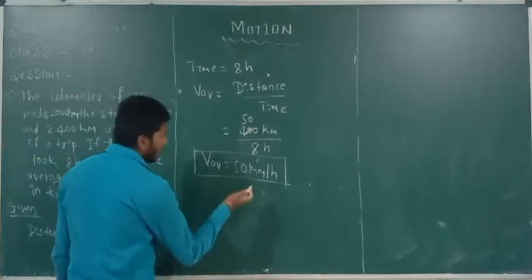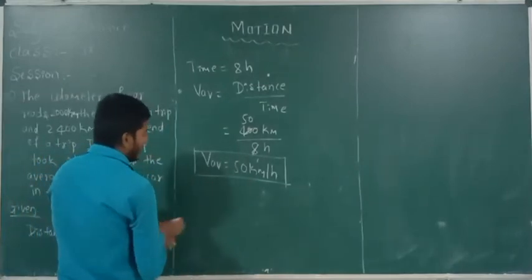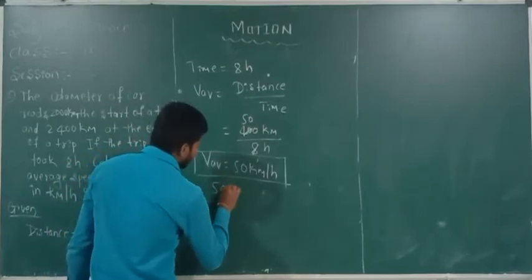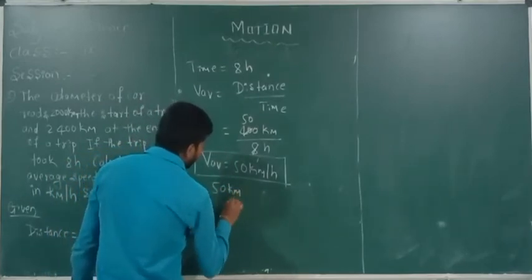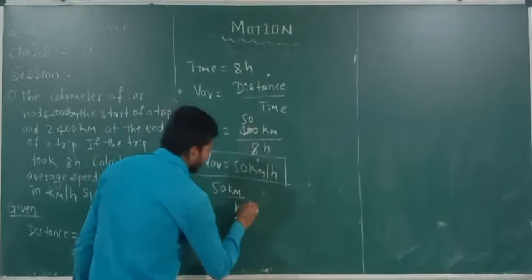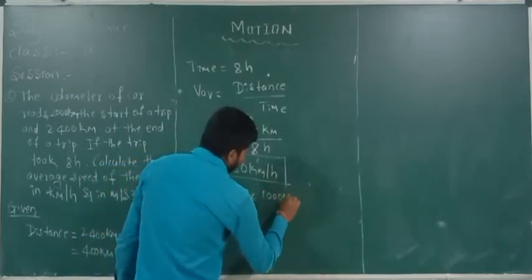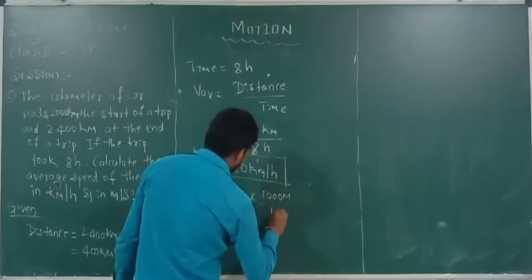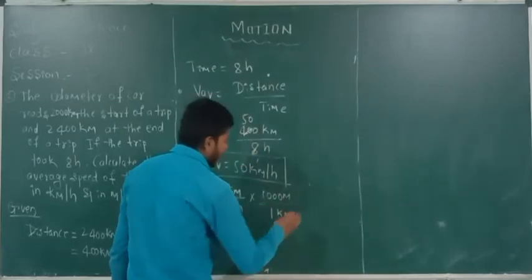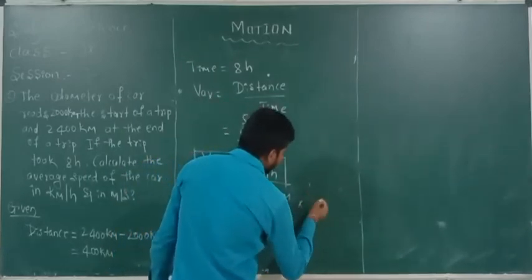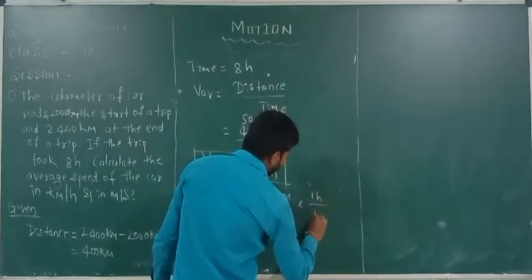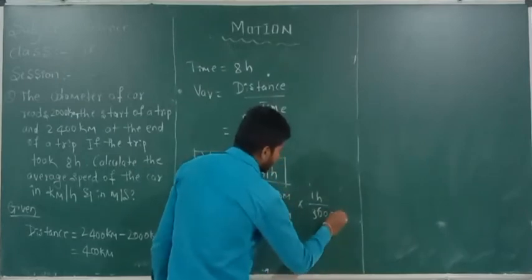So we convert 50 km per hour into meter per second. Multiply and divide by 1000 meter divided by 1 kilometer, into 1 hour divided by 3600 seconds. Why?